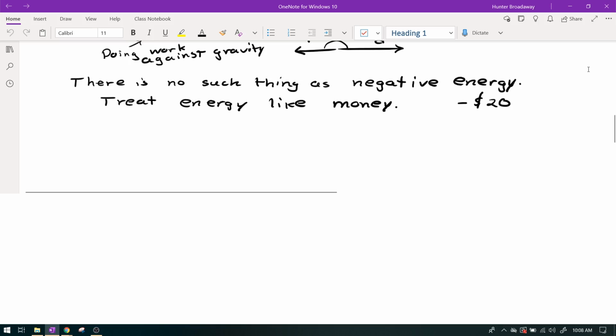Okay, we're going to keep going. All right, so if you take an object and you drop it off a cliff, is work being done? Just take an object and toss it and it goes down this way. The distance that gets traveled is the height of the object, so we're going to call that h for height, right?